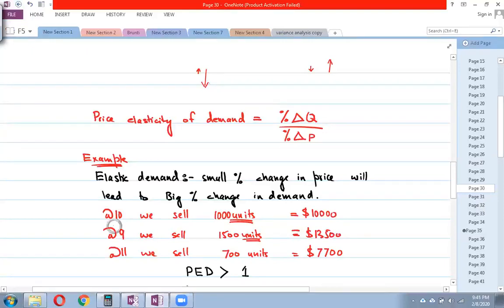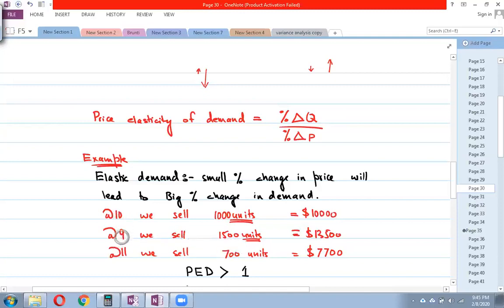So for example, we have an example. We want to sell the product at $10, right? For $10, if we are selling 1,000 units, how much is our revenue? 10,000. Now, if you reduce the price to $9, you can sell 1,500 units.